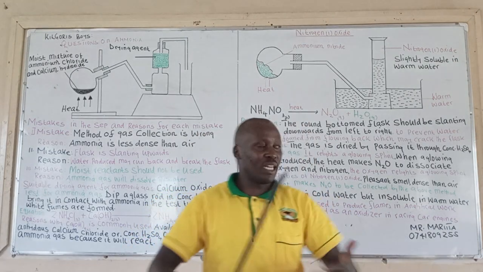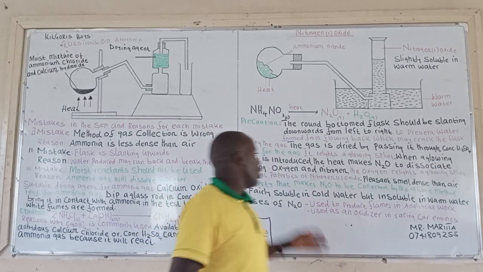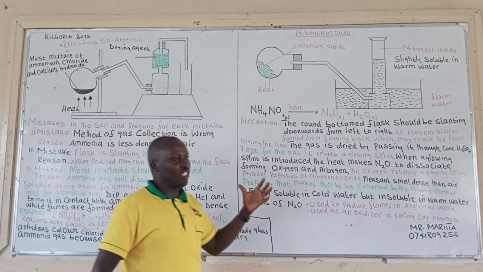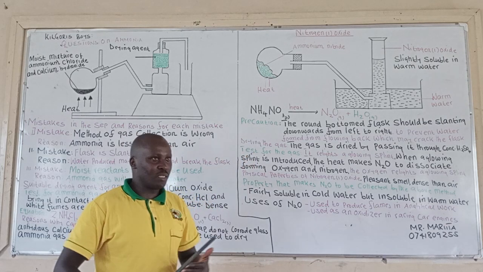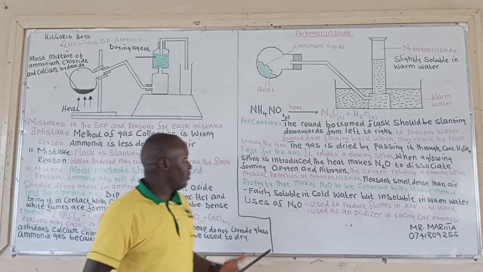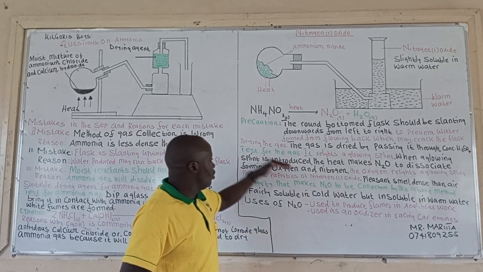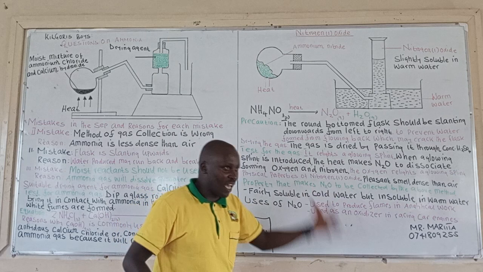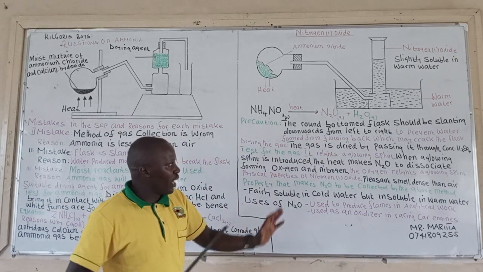Oxygen will support burning, and that is why nitrogen(I) oxide also supports burning. So you describe an experiment whereby a glowing splint is introduced in a gas jar suspected to contain nitrogen(I) oxide. What will happen here?